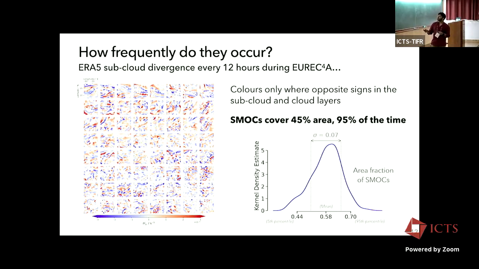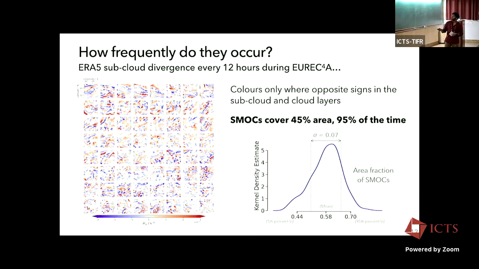That helped us confirm that all of these colors that show different branches of the circulation are very widespread throughout the domain, and it happens every day. These are just 12-hour snapshots along a whole month. We call these shallow circulations, SMOCs.